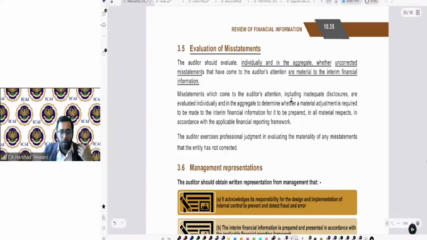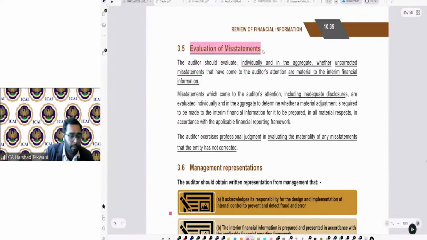Including inadequate disclosures, missing information, and the professional judgment required while evaluating the materiality of any misstatement, on the similar lines that we have in SRE 2400, or you can say SA 450, similar to SA 450.